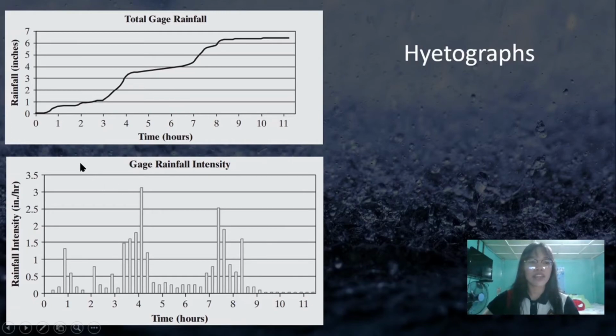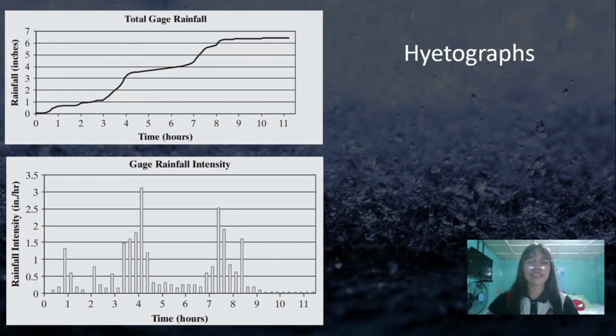Here we have the hyetograph. Along the y direction is the rainfall intensity expressed in inches per hour, and along the x direction is the duration in hours. The maximum intensity for the gauge occurred at around 4 a.m. This maximum intensity appears as the tallest bar on the hyetograph, and as the region of greatest slope on the cumulative precipitation curve.